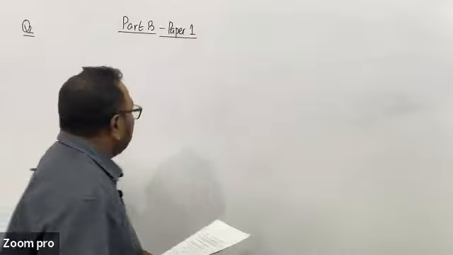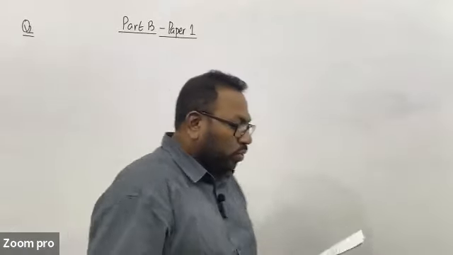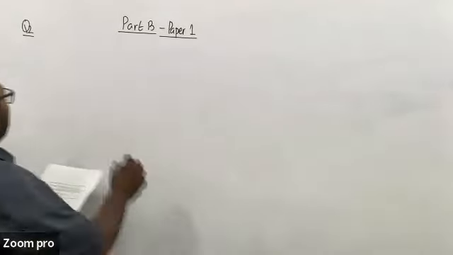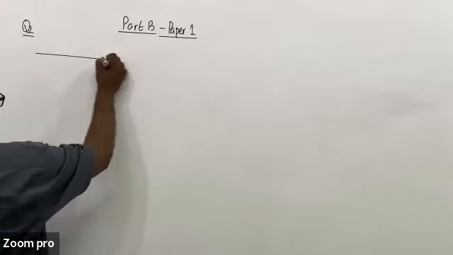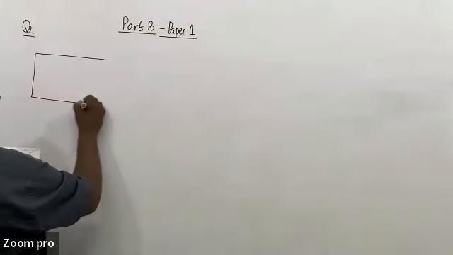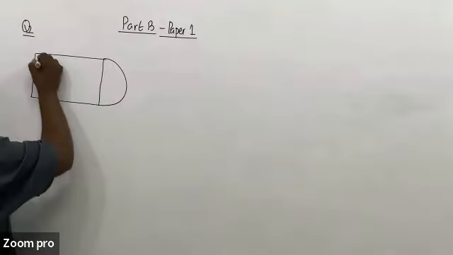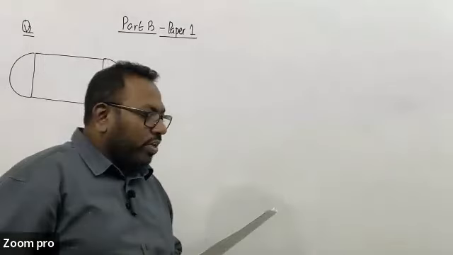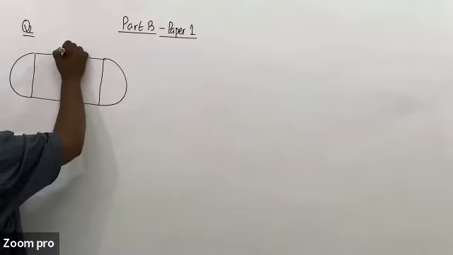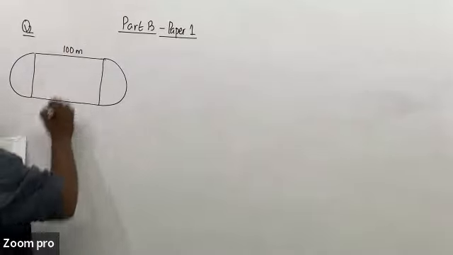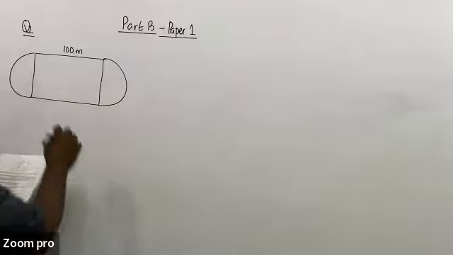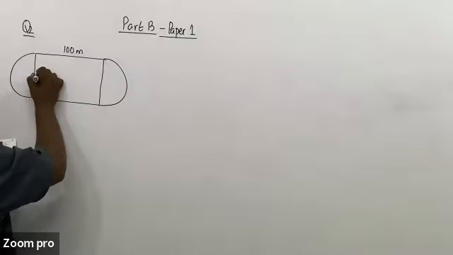Okay, part B, paper one, question number two. There is a diagram given to you, something like this. They are giving you the length as 100 meters, and this side as 70 meters.